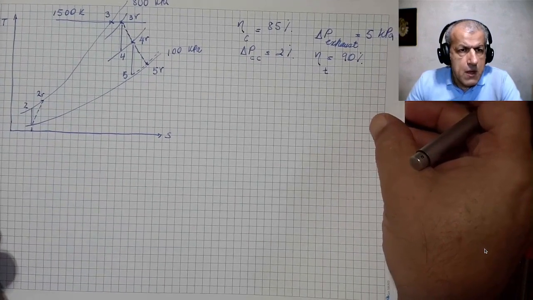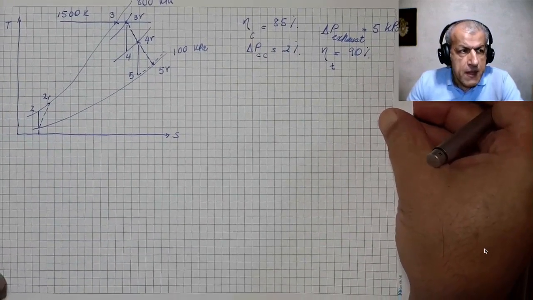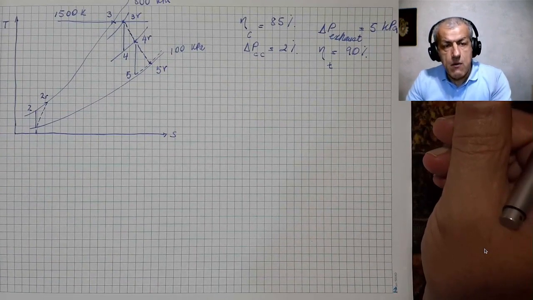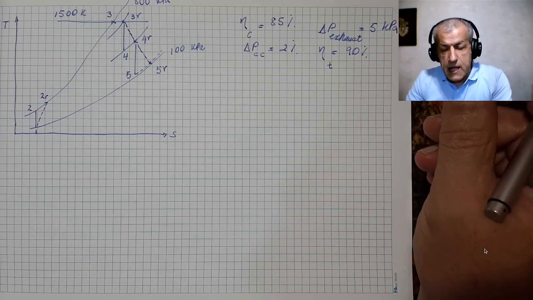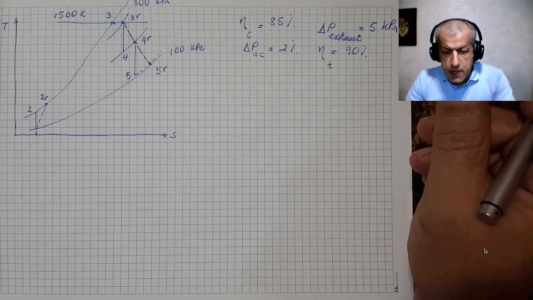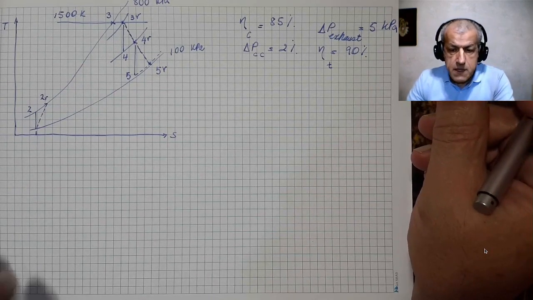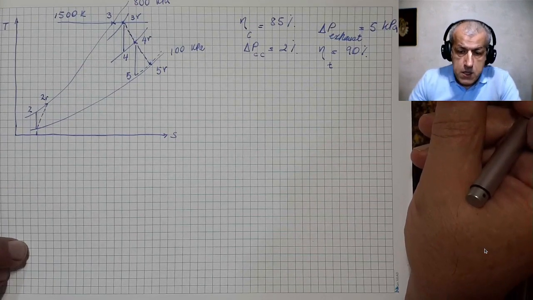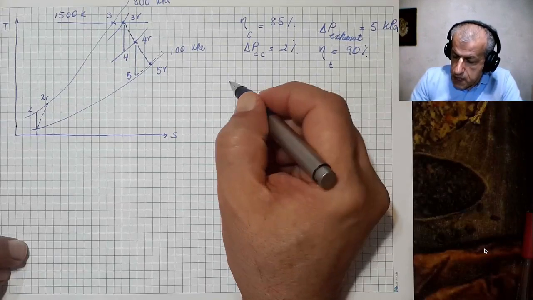Okay, so what we have is these are the real values that we could now use for our calculations. Well, we knew that the ideal compressor required a power of 223 kilojoules per kilogram.